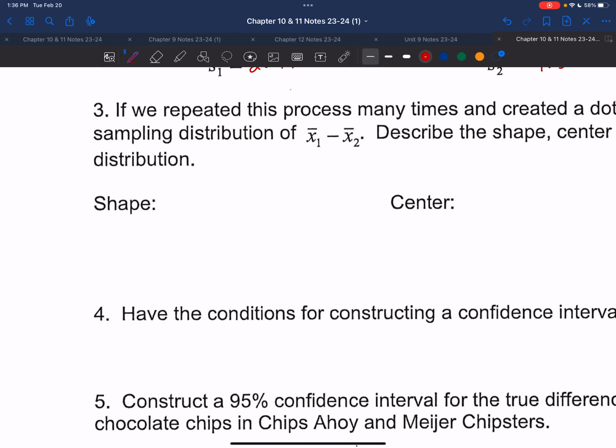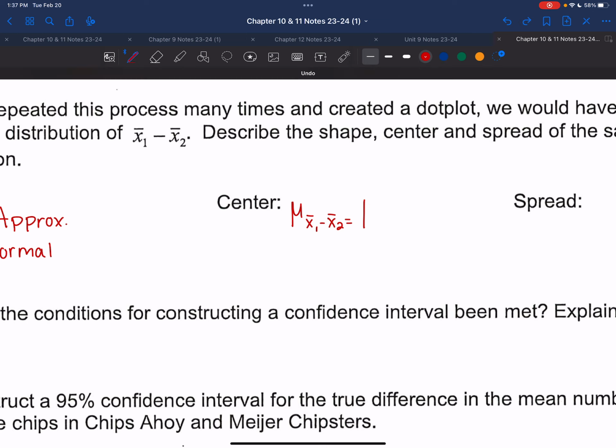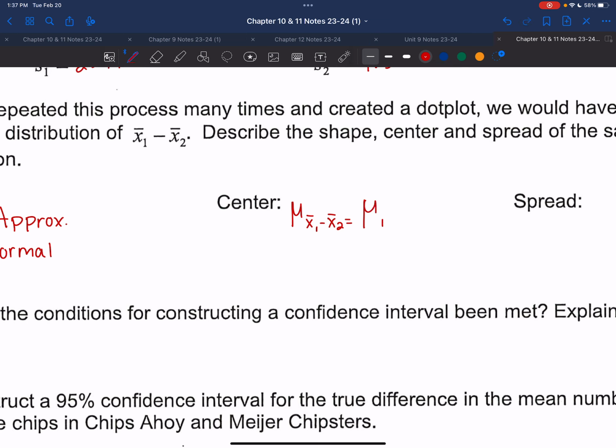So we can assume that the distribution of these differences will also be approximately normal. Okay, now for the center, the center of x bar 1 minus x bar 2 is just going to be equal to whatever you think mu 1 minus mu 2 would be.